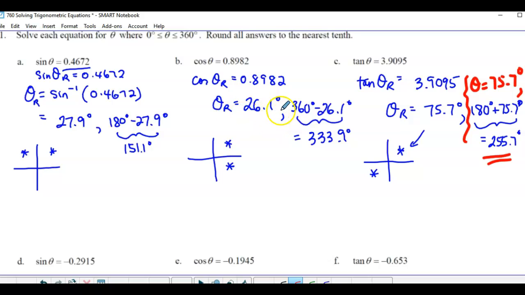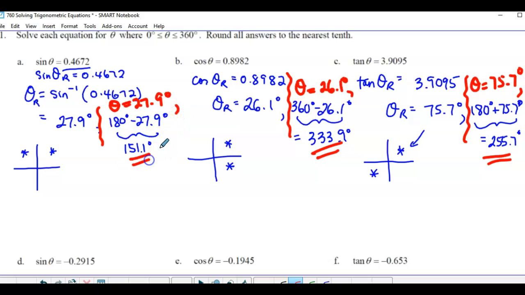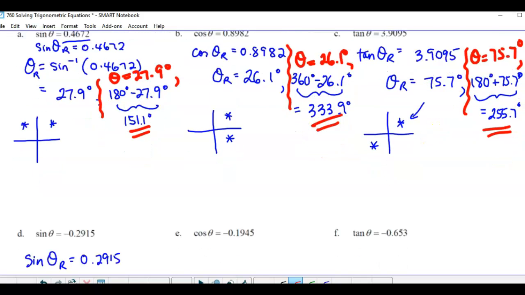Here, the reference, so theta equals 26.1 and comma this. Same thing here. That's your reference, so theta equals 27.9, comma, and then this angle. So I should have done a better job at my notation in the last part.